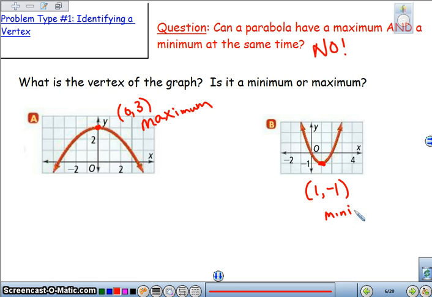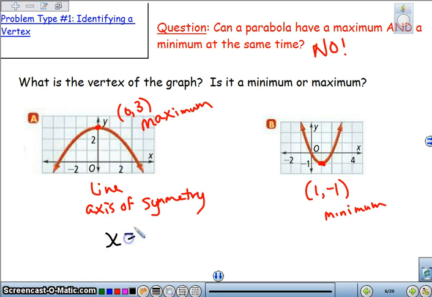Now, if I asked you, as you were looking at these, what is your axis of symmetry? If we're looking at the line for the axis of symmetry, in this case, x equals, it's right on top of this. What is x everywhere? 0.